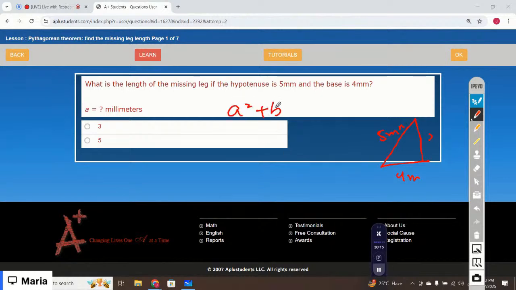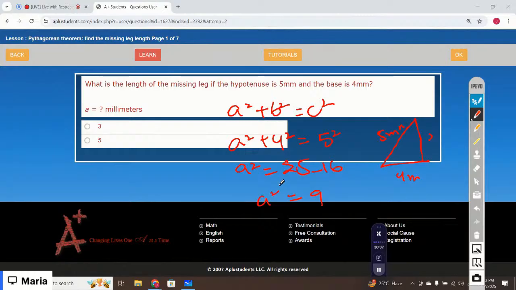A square plus B square equals C square. The hypotenuse is 5, so 5 square equals A square plus 4 square. A square equals 25 minus 16, which is 9.